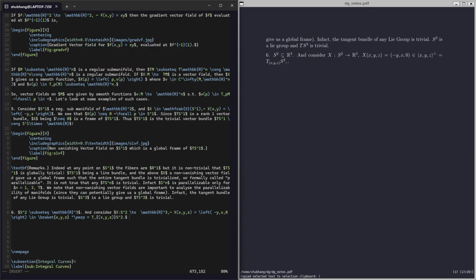In fact, it is connected to the topology of S2.